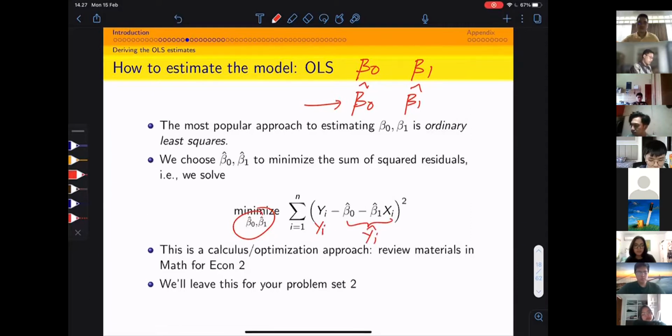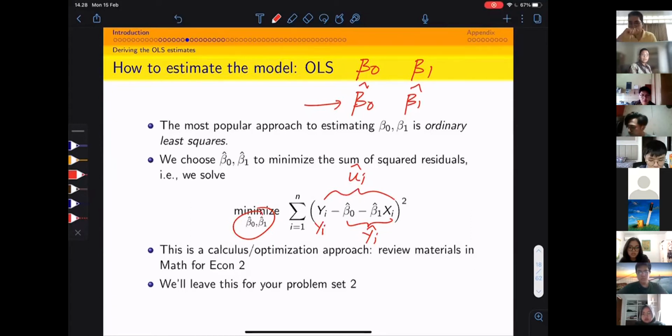And you remember that the difference between the actual value and the fitted value is the residual. Okay. And so we're going to choose beta 0 hat and beta 1 hat such that the sum of the squared residuals is the minimum. It doesn't have to be 0, but we want to choose beta 0 hat and beta 1 hat such that the sum of the squared residuals is minimum.